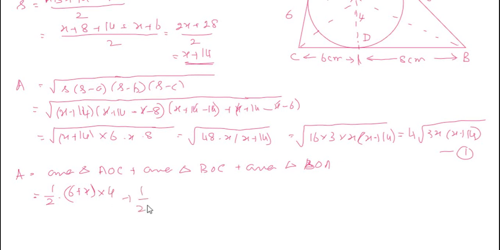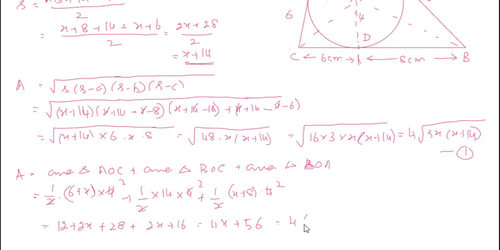BOC is half into base 14, height is 4, plus area of BOA, half into x plus 8 into 4. I can write this as 12 plus 2x plus 28 plus 2x plus 16. So this is 4x plus 56.